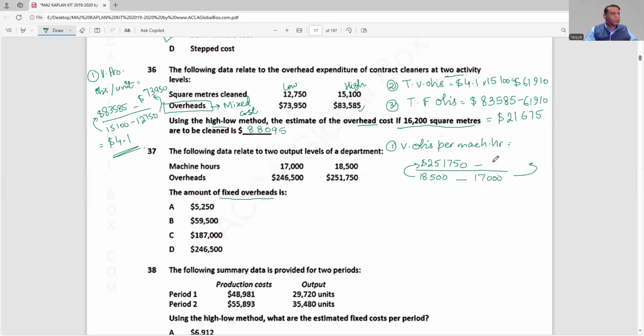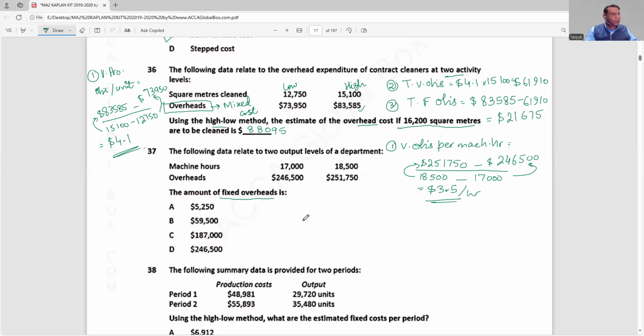So overheads at the lowest are 246,500. First one is 251,750 minus 246,500, divided by the difference between 18,000 and 7,500, which is 17,000? So 3.5 is the variable overheads per machine hour.